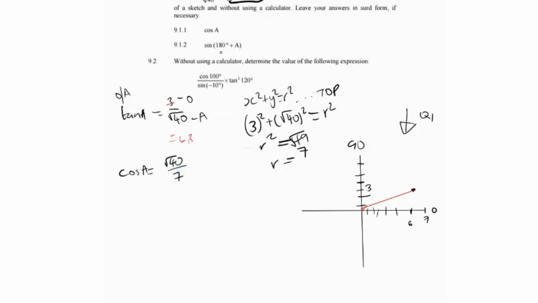Now note that when we're finding sine of 180 plus theta, which quadrant is it on? Very good, it's on quadrant 3. You know that only tan is positive there, sine is negative, and cos is negative.